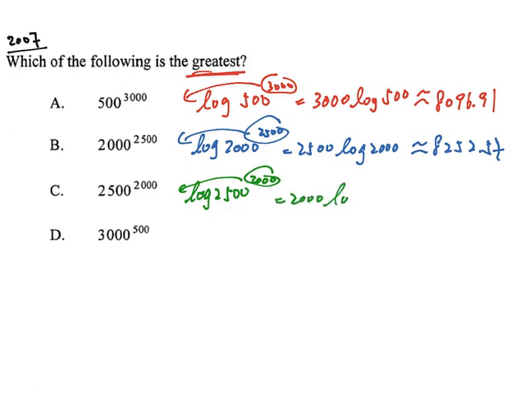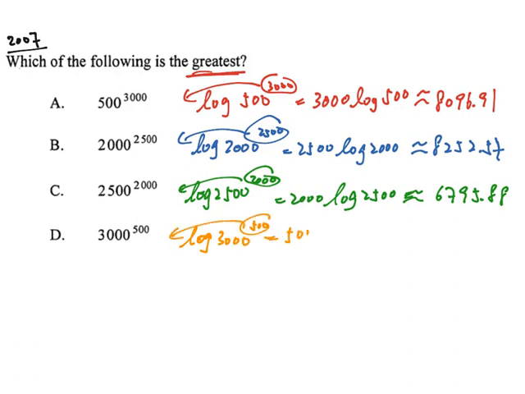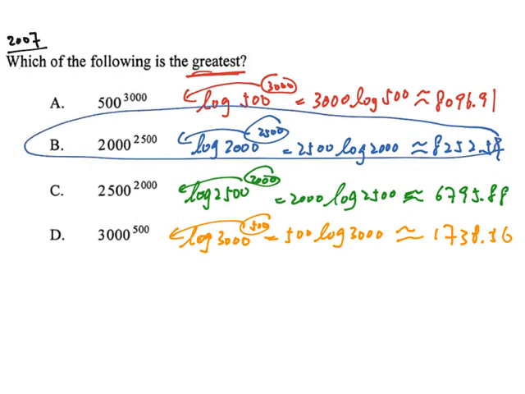So 2000 log 2500. Then we can get this one. And lastly, move to the front. So the greatest is this one. So the answer is B.